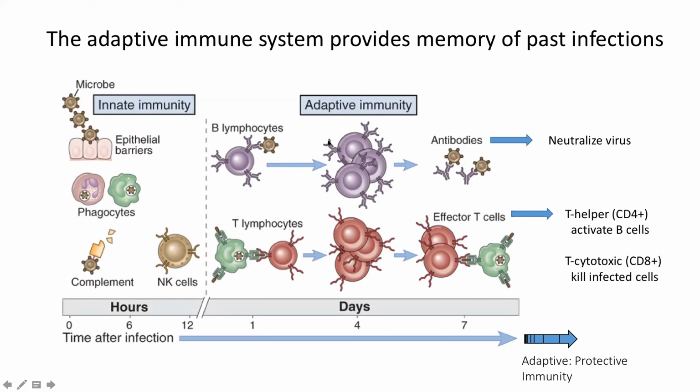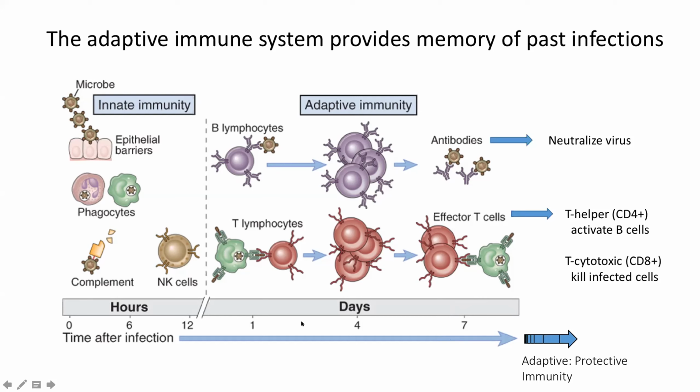The adaptive immune system gets activated a little later in infection compared to innate immunity, and it takes about 7 to 10 days for these adaptive immune components to start providing protection against a given infection.